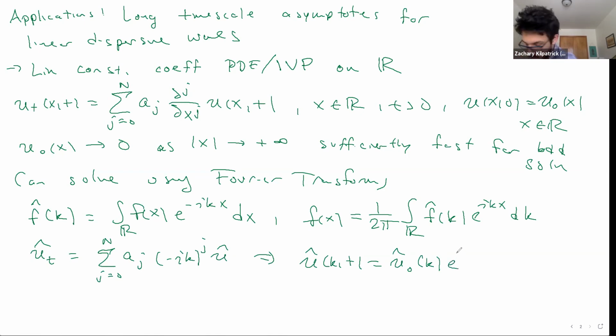times e to the minus i omega of k t, where omega of k is equal to i times the sum from j equals 0 up to n of a_j (ik) to the j.